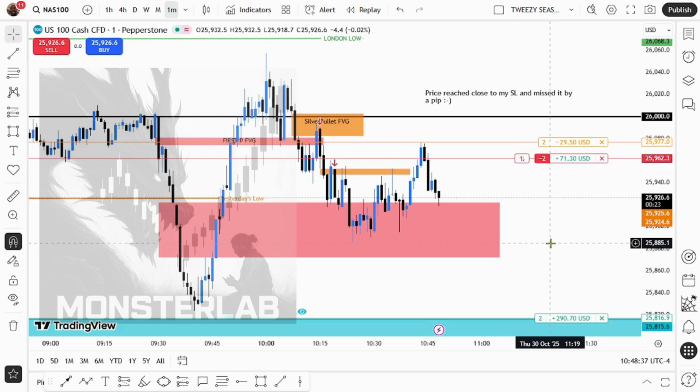I'll take a partial once price reaches below these levels, and maybe I'll start watching our main target, which is the blue daily high fair value gap. And yeah, that's my expectation.